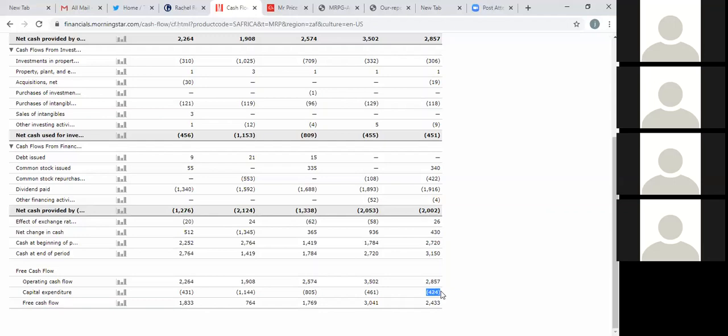So 1 million is my profit, my dividends are 300,000. How much am I left with? 700,000.